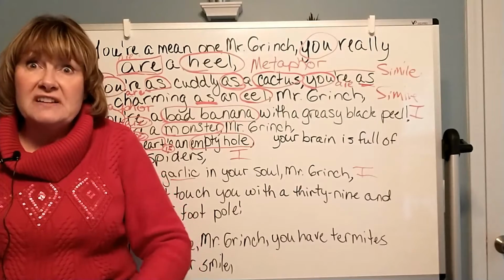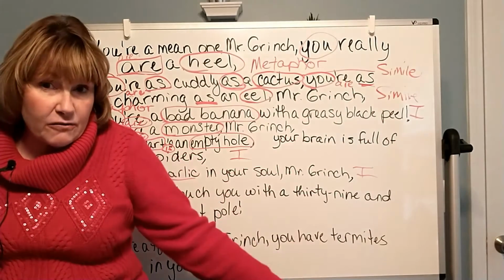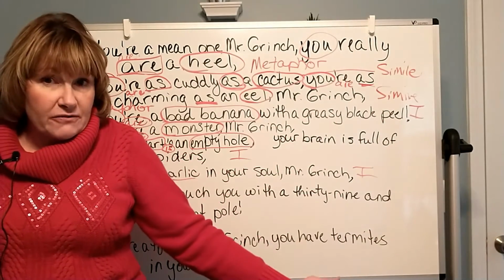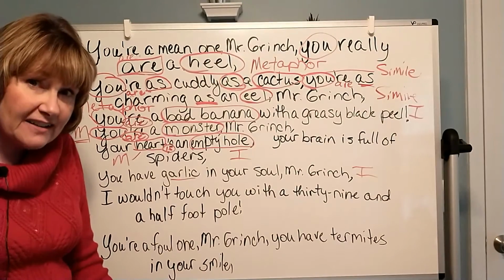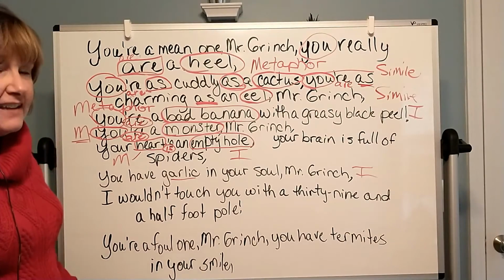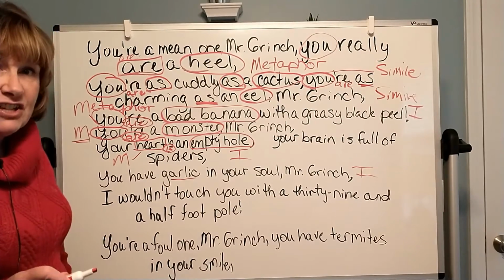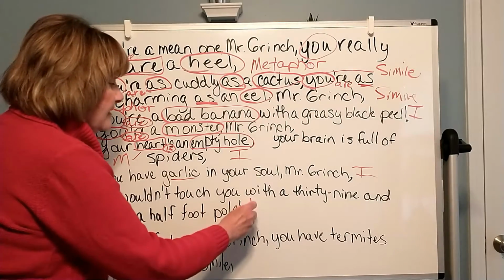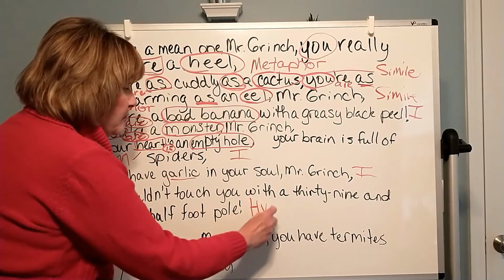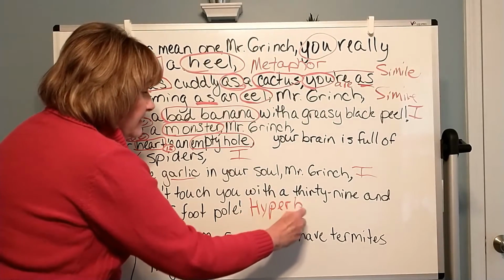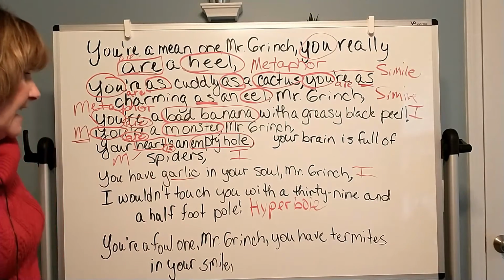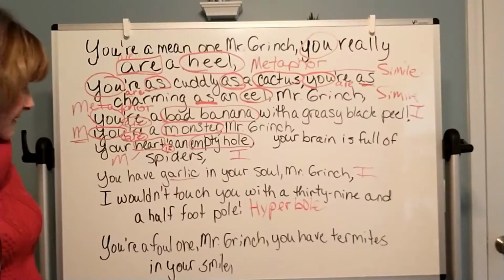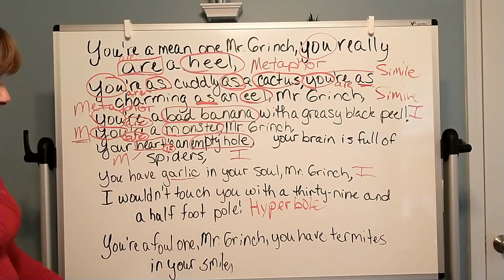So he's really exaggerating how far he wants to stay away from Mr. Grinch. And when we have an exaggeration, we said that that starts with an H, and that is a hyperbole, right? We have an exaggeration of how far we want to stay away from the Grinch, and that's called a hyperbole.